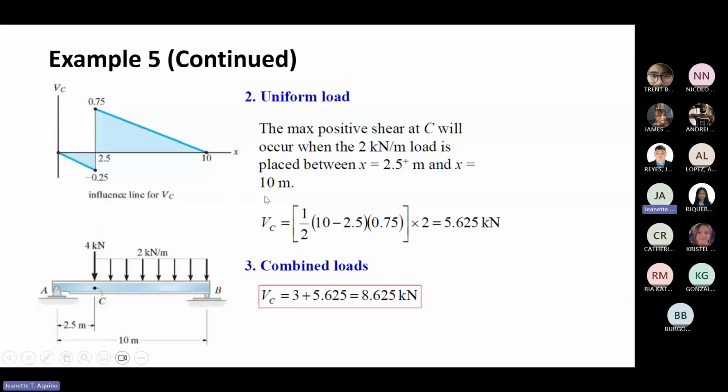So for VC, this is the area of 10 minus 2.5, times 2.